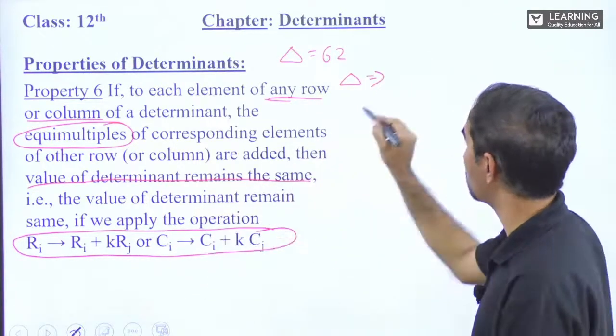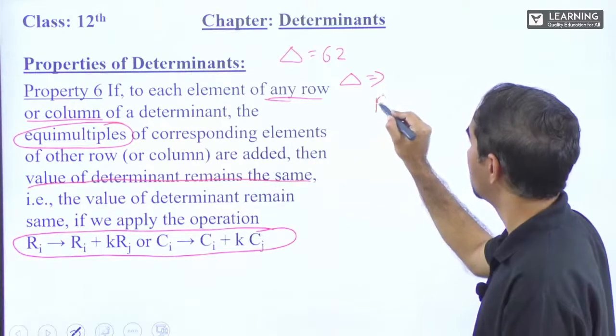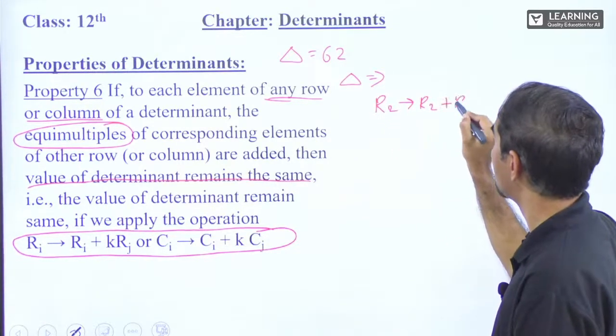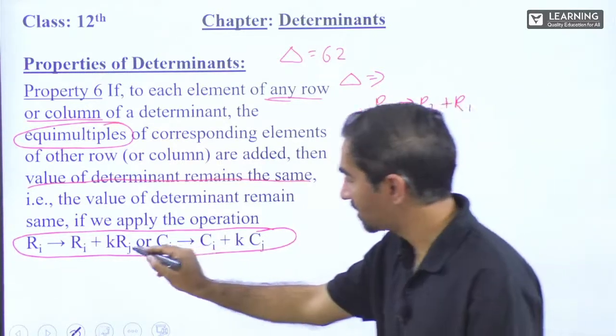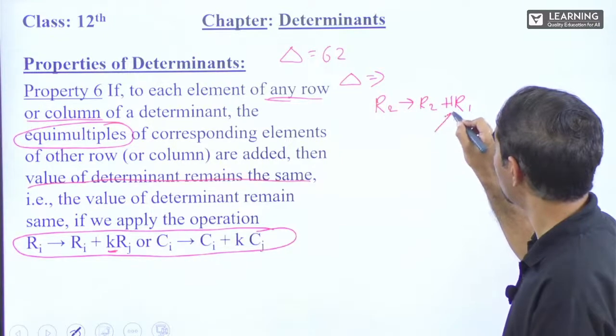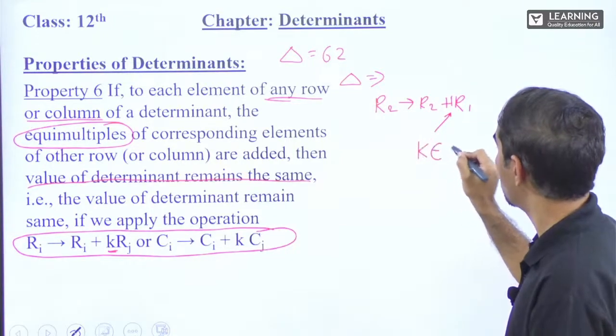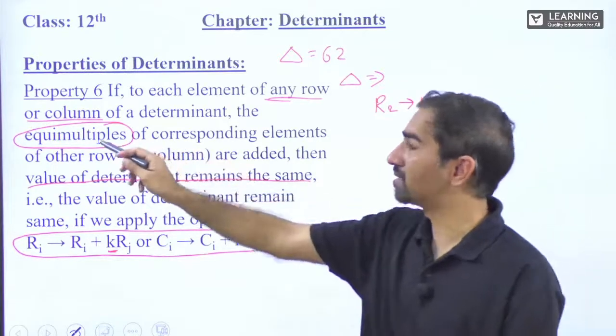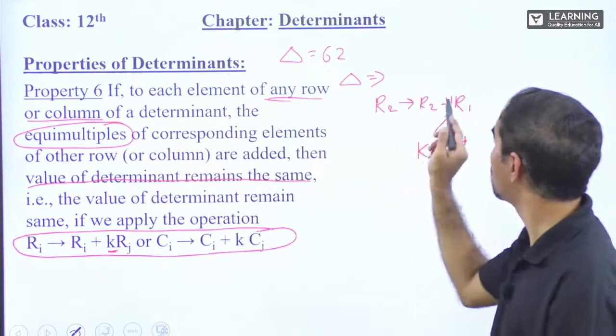So let us choose row here. Let us do R2 equals R2 plus R1. What is K here, students? K here is 1. In this place you can put K belongs to any positive integers, correct? So equimultiples. That is nothing but here we are using 1, right?